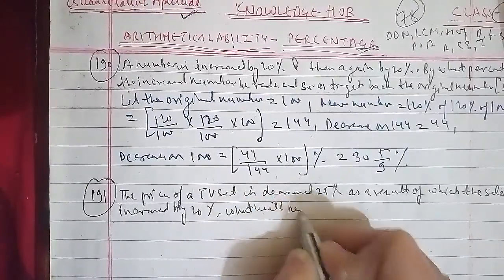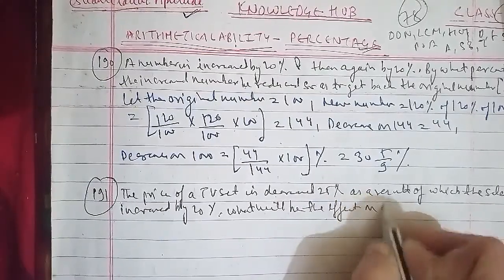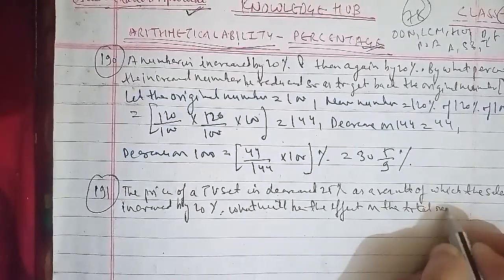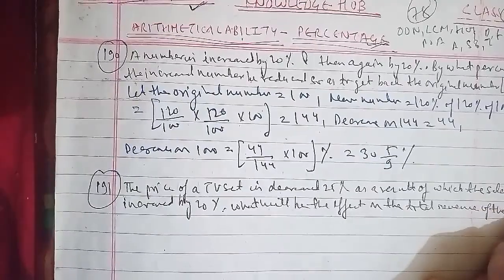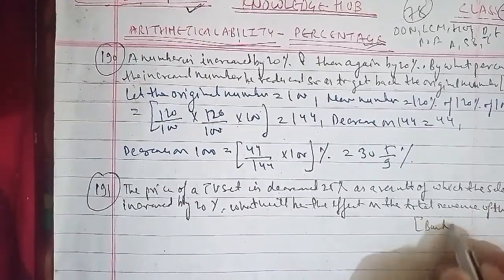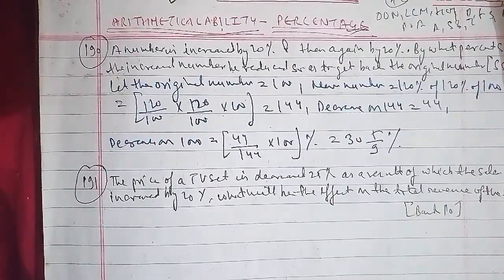What will be the effect on the total revenue of the shop? This has been asked in a bank PO question paper here. So we'll go ahead for the same.